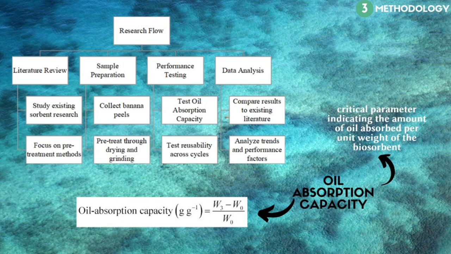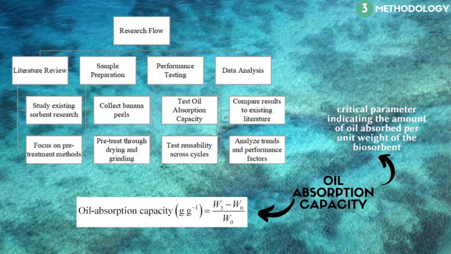For the experimental process, banana peels were collected, cleaned, and cut into smaller pieces. The samples were then dried in an oven at 80 degrees Celsius for 24 hours to remove moisture. After drying, some samples were ground into finer particles to increase surface area and improve oil absorption potential.